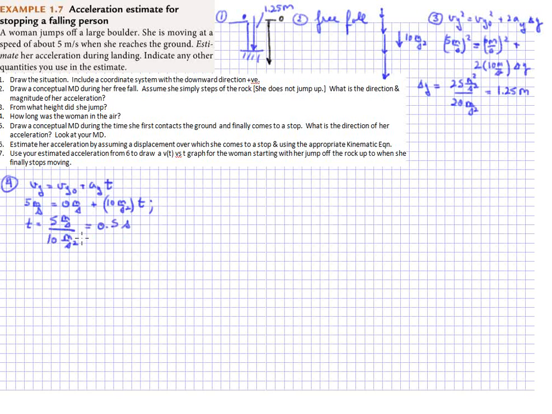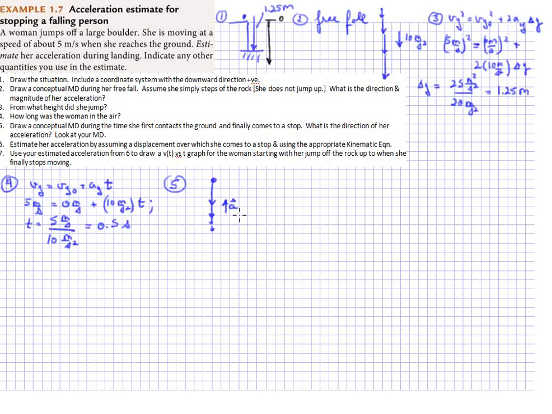That's number 4. Number 5, draw a conceptual motion diagram as she contacts the ground. And so as she contacts the ground, she's initially going to be going fast, but she very quickly slows down, something like that. And so the direction for the acceleration on this one is upward.